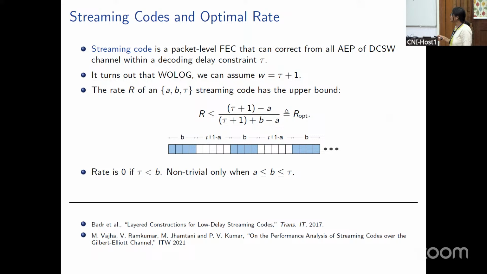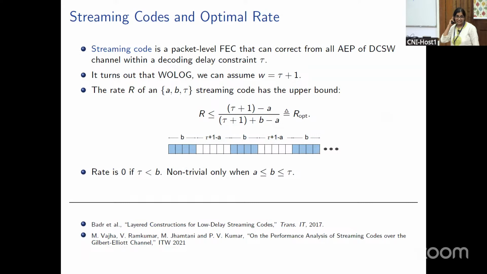Without loss of generality, you can assume that tau is always greater than or equal to b. Tau cannot be less than b, otherwise you can lose the entire content of the window. Non-trivially, we always assume that a is less than or equal to b is less than or equal to tau.